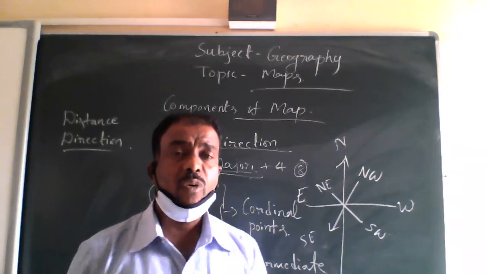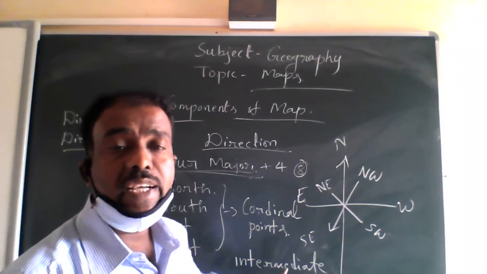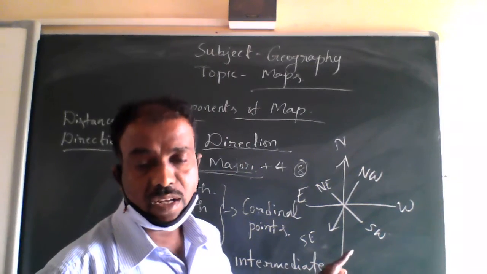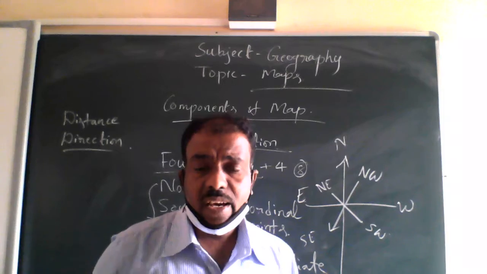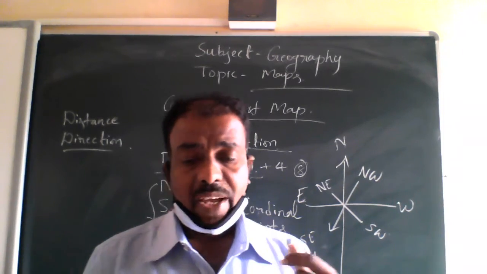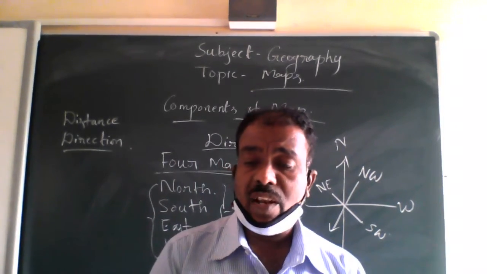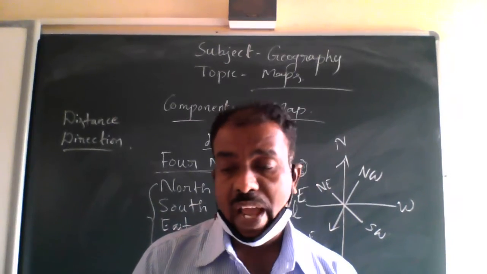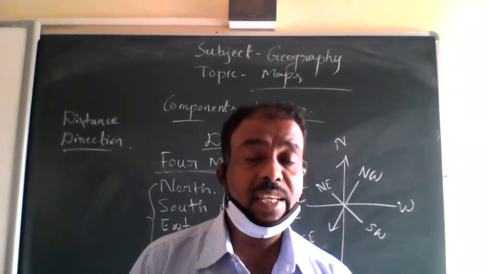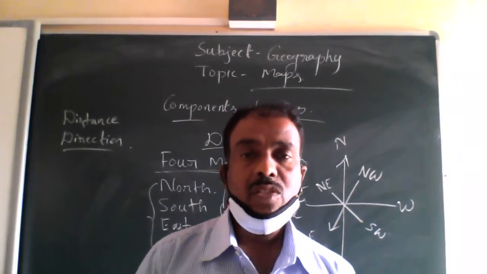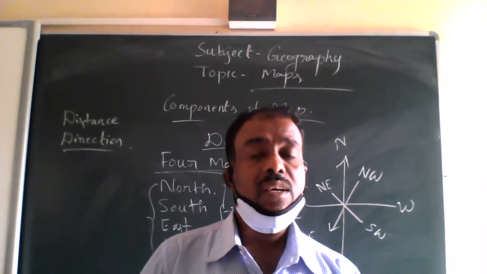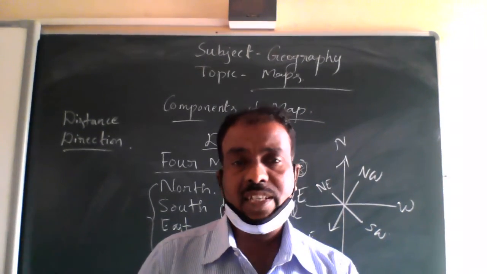These remaining four directions are called intermediate directions. Got it, dear students? By using these directions, we can locate any place more accurately. So please keep it in your mind, dear students. There are totally 8 directions.